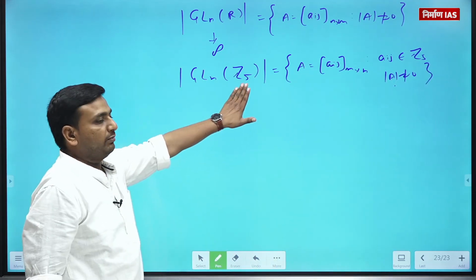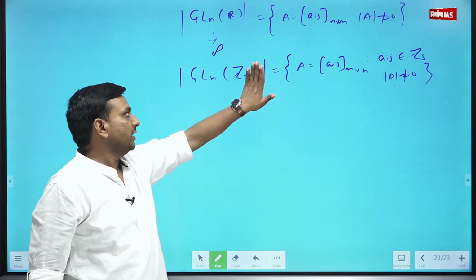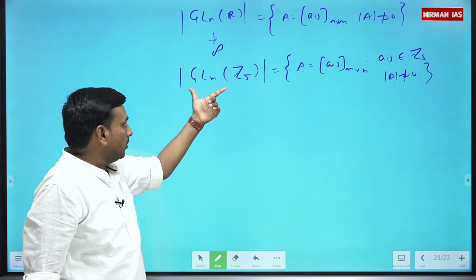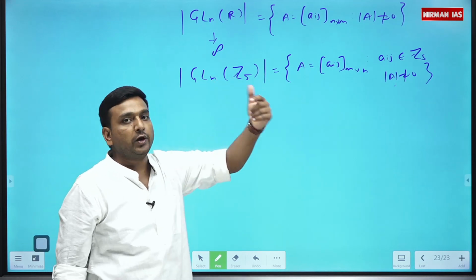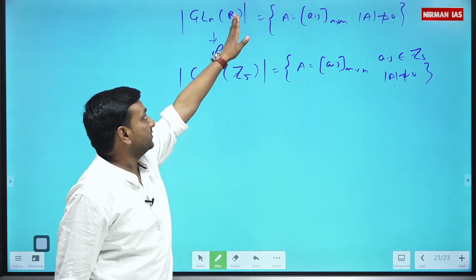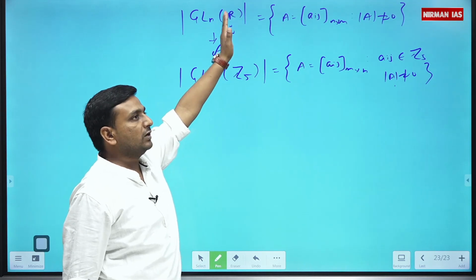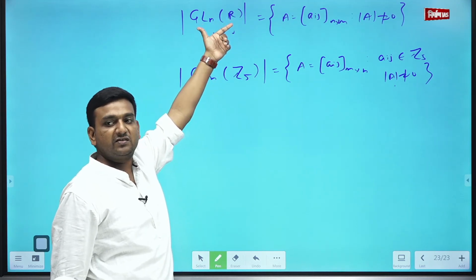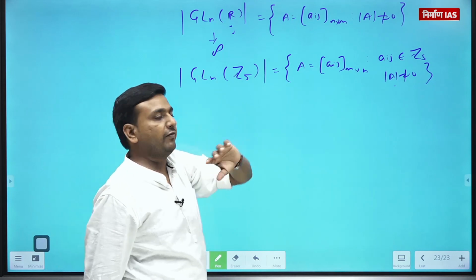If this field is a finite field, we will discuss it later, then the order of this group is going to be finite. Otherwise, since the set of real numbers is infinite, the order of GLn(R) will be infinite.